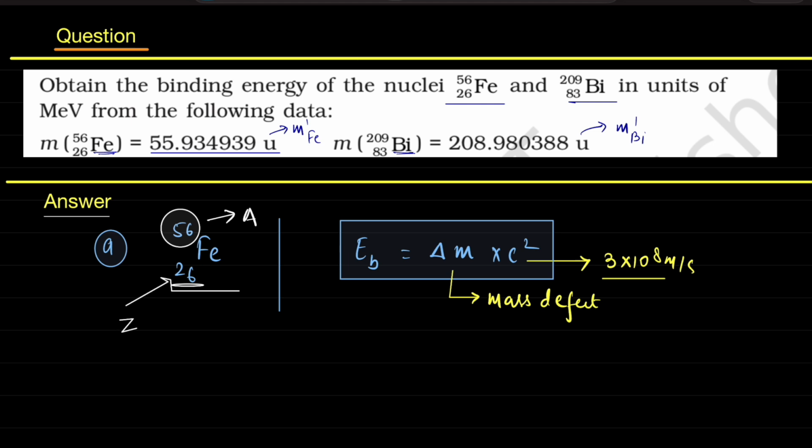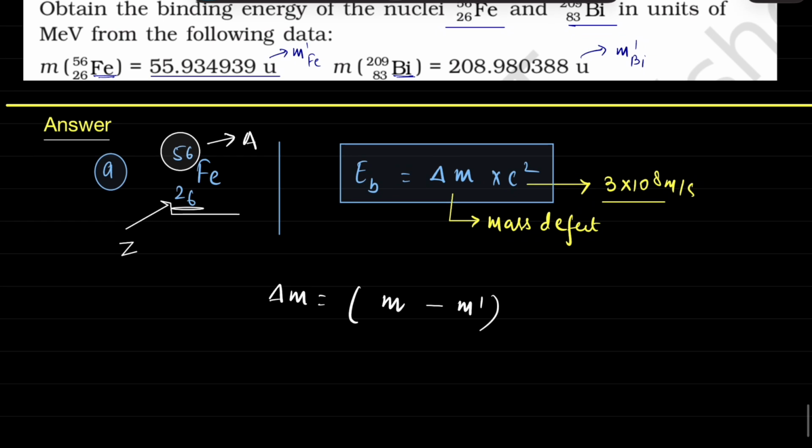If we have to find the mass defect, we need the theoretical mass value and the experimental mass value. This M represents the theoretical mass and M dash is the experimental mass. The experimental value we already know, it's given in the question. But we have to find the theoretical value.